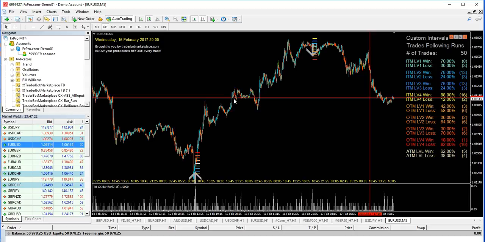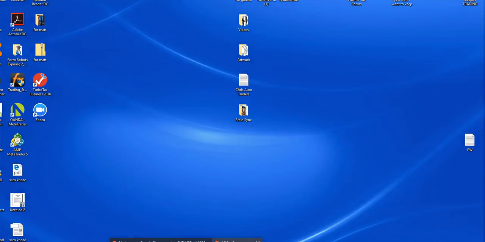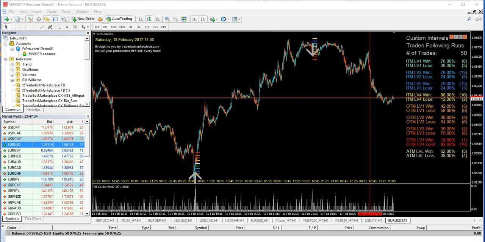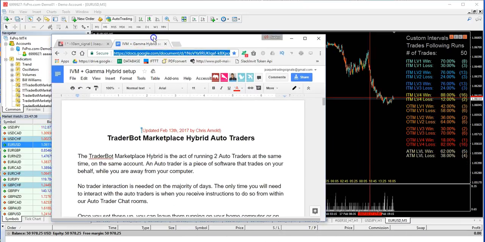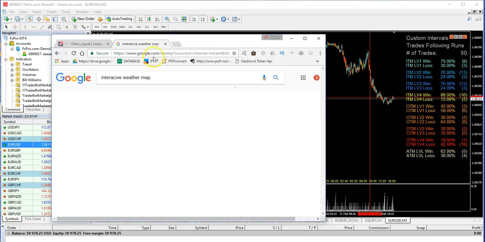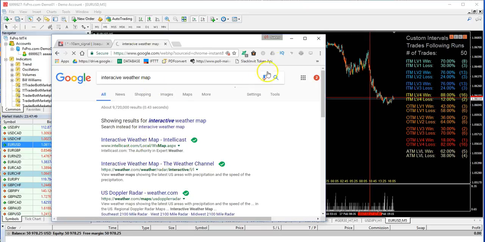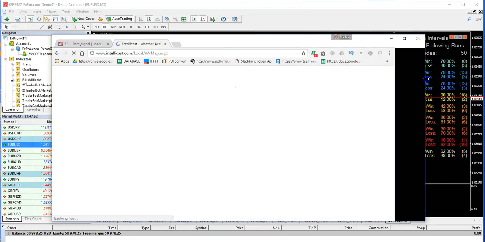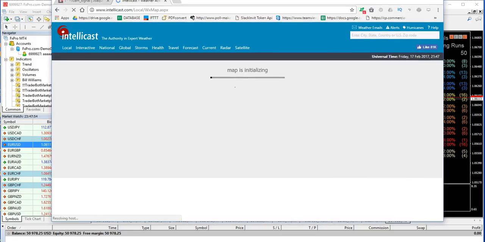Well, that's all I got, guys. Yeah, I looked at the weather map just a few minutes ago, and actually, let me look at it here. Let me type in interactive. Whatever. Let me see what this shows me.